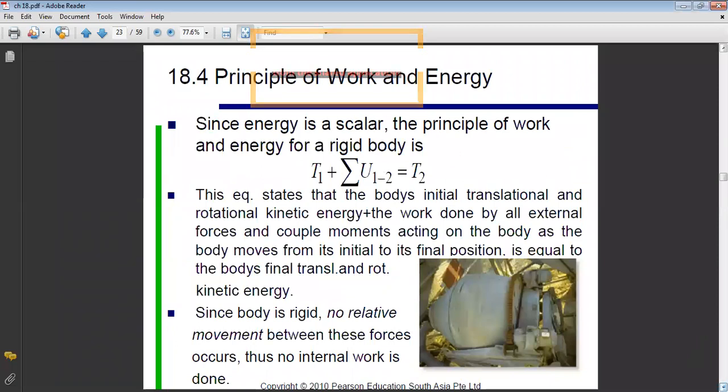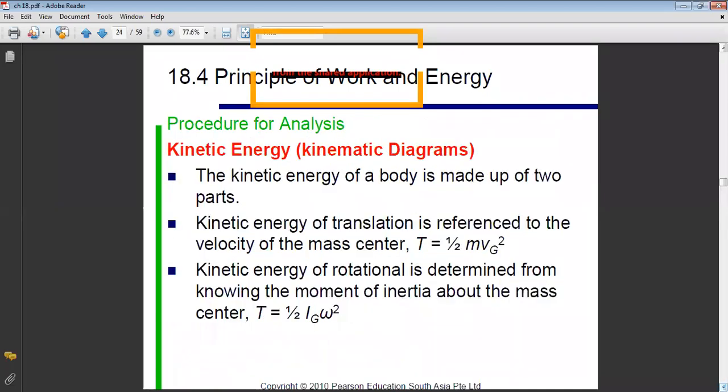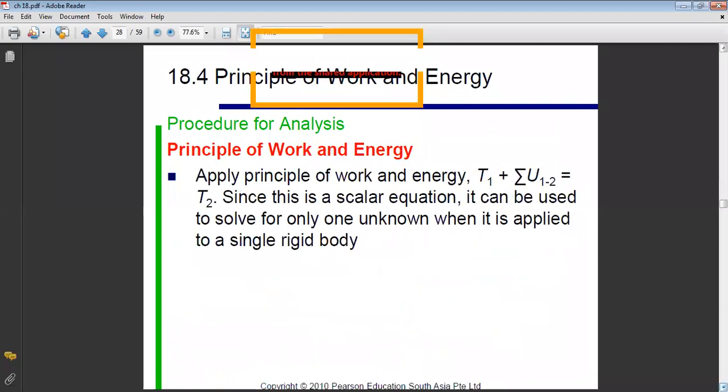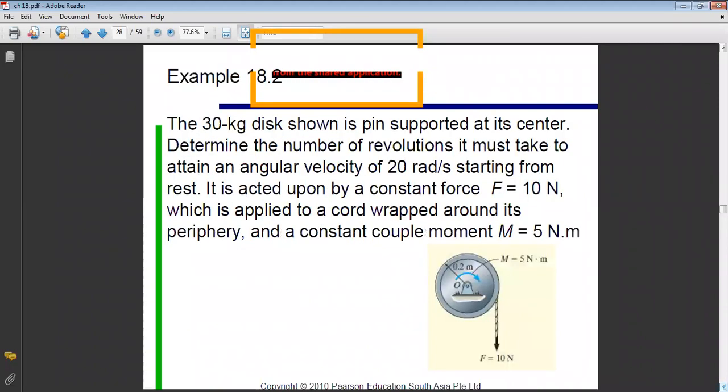Okay. Now, for the principle of work and energy, we can apply it for a system of rigid bodies like we did for a system of particles. So if we have several particles, we can say that sum T1 plus sum of work from 1 to 2 equals sum T2. Let us consider another example.